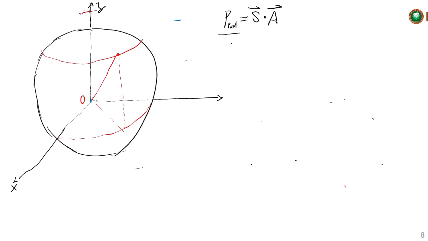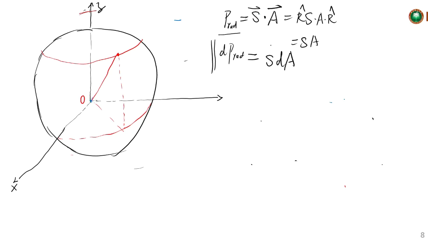So now we take integration. S always follows the radial direction, and A is also along its normal direction, also the radial direction. So it becomes S times A. The radiated power equals the power density times the tiny area component, and we take the integration over that to get the total.